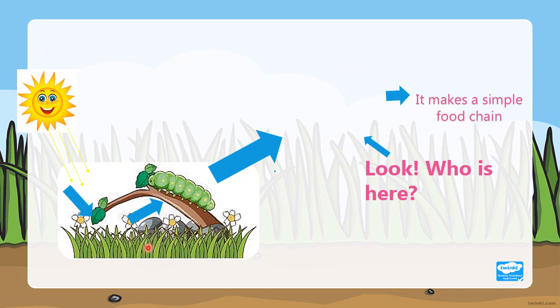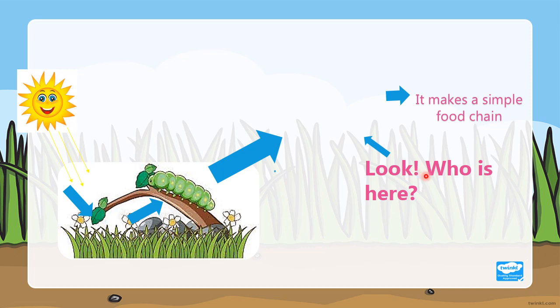In this picture, plants are producers as they are producing their own food. But who is eating a plant? Who is this? Hey, it's a hungry caterpillar. The caterpillar is eating a plant to get energy. It means energy is getting transferred from plant to caterpillar.